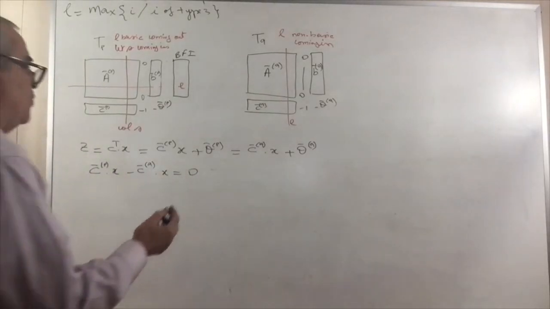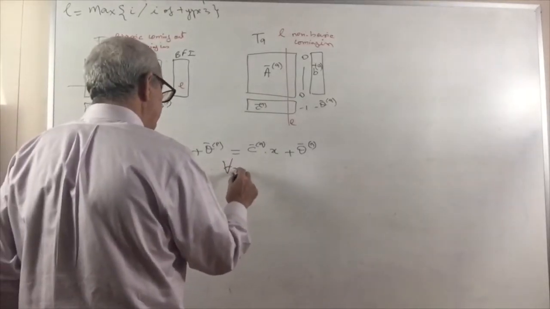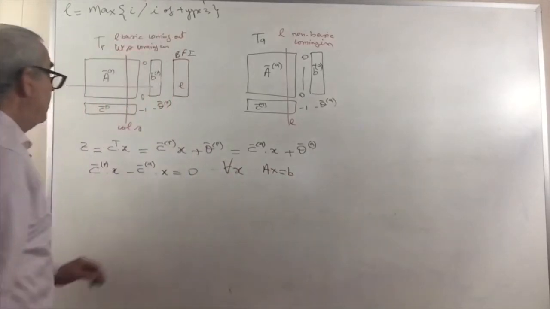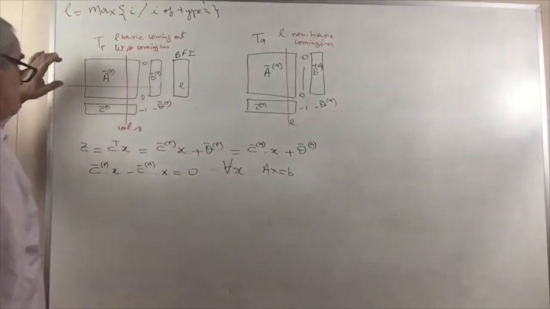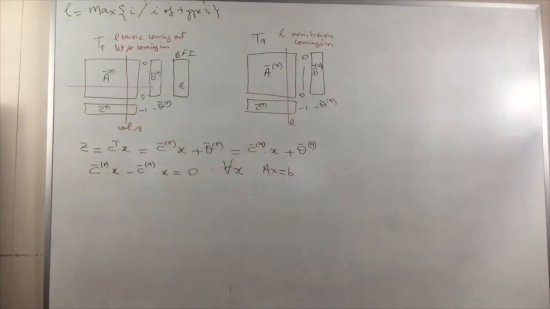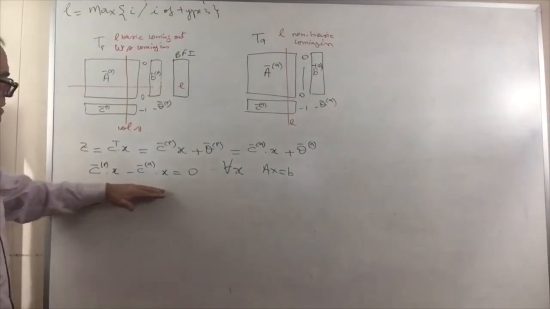And that's true for every X such that AX is equal to B. AX equal to B is our original system that these two are equivalent to. Okay, so now I'm going to expand this one.